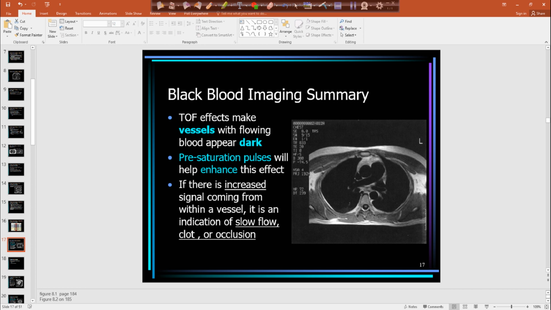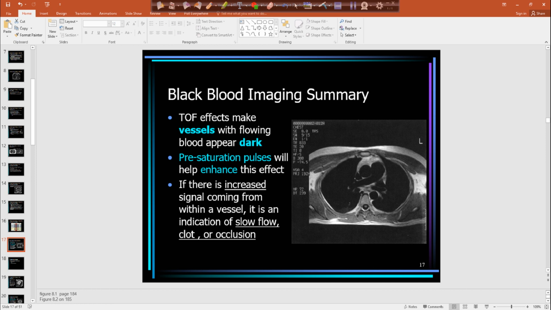So this is just a quick summary of black blood imaging. Due to our time of flight effects, due to slice thickness, TE, and flow velocity, the blood will appear dark. Our saturation pulses will help enhance this effect to make the blood appear even darker.